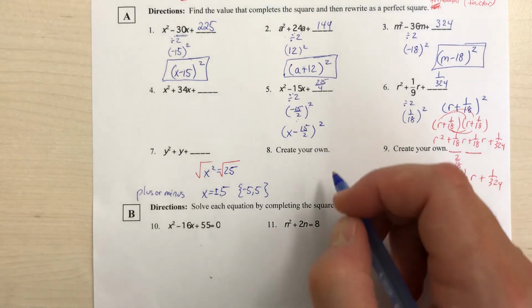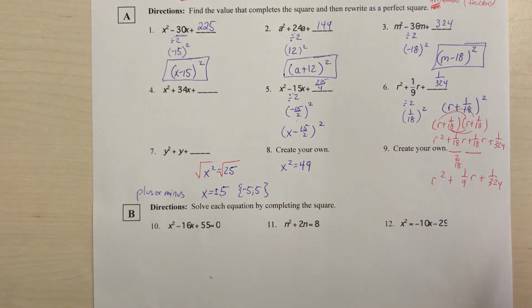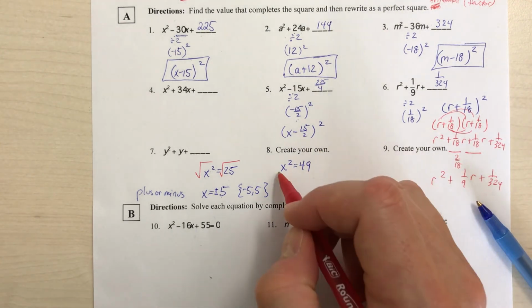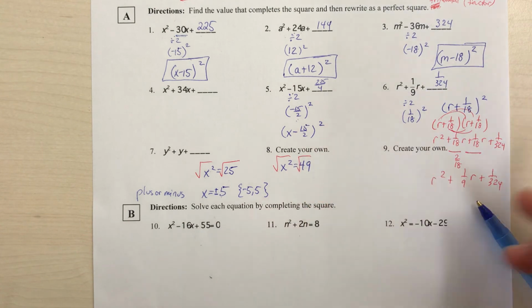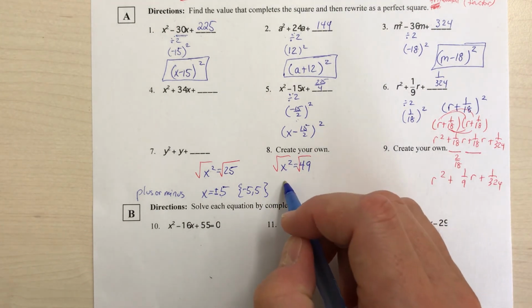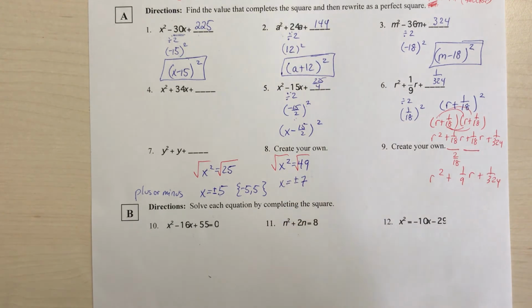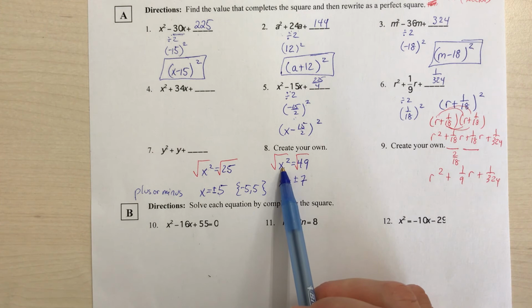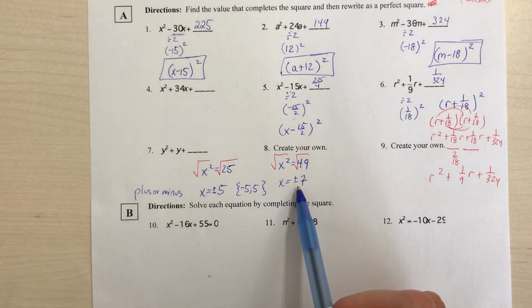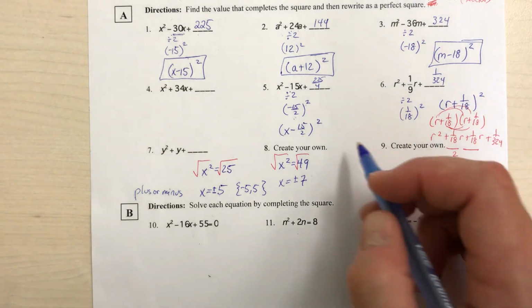Let's say we have x squared is equal to, we'll say 49. All right, to solve this, we take the square root of both sides. When we solve a quadratic by taking the square root, we just have to remember we have two possible answers. Positive 7, but also negative 7. If we square a negative, we get the 49.